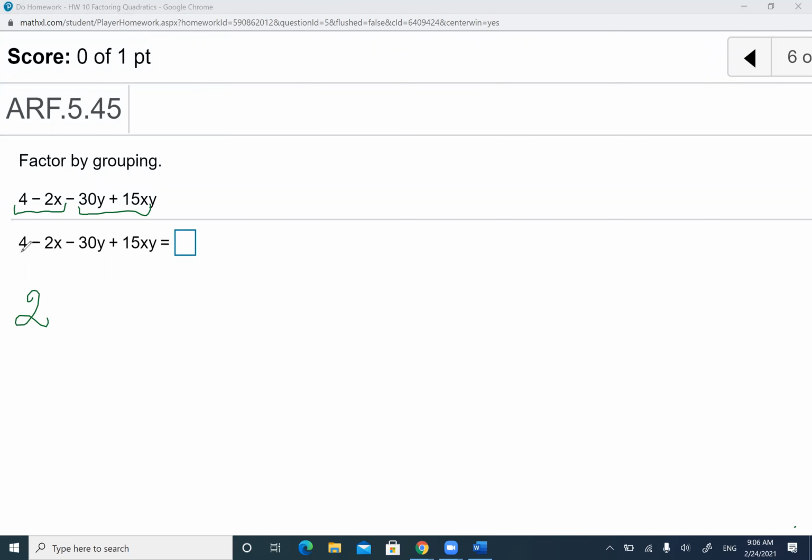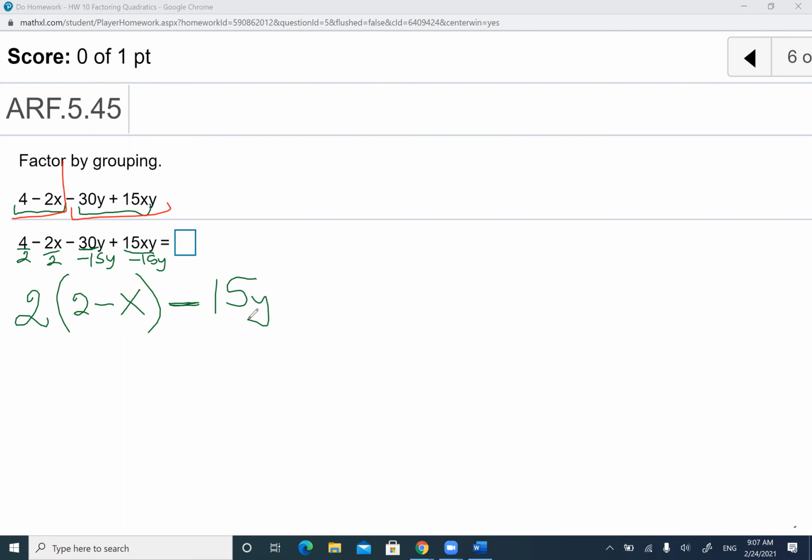So now I'm going to focus on the second group. Second group, what do they have in common? You have negative 30y plus 15xy. Both of those have 15 in common. So I'm going to pull out negative 15. And also both of those have y. So I'm going to divide by negative 15y, because that's what I'm going to factor out.